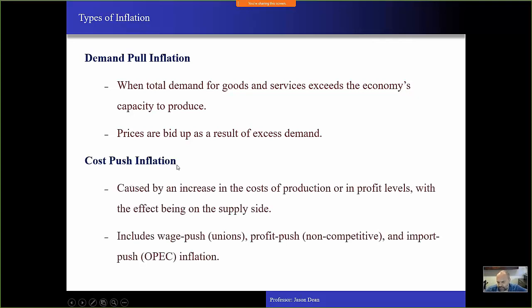Cost push inflation is different. This is like for some reason there's a huge increase in the cost of production. The best example of this was back in the 70s, the OPEC. What they did is they cut production and caused the prices of oil to skyrocket.